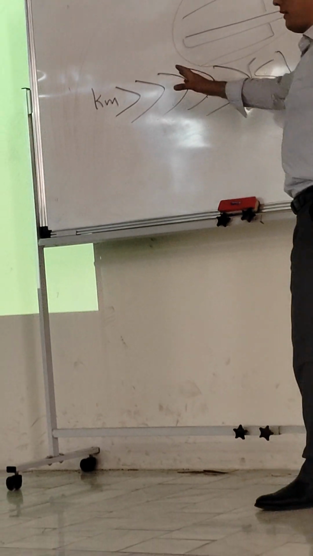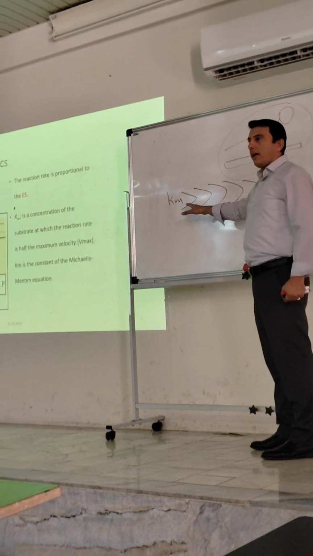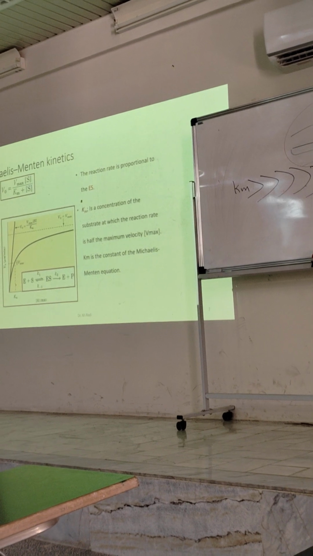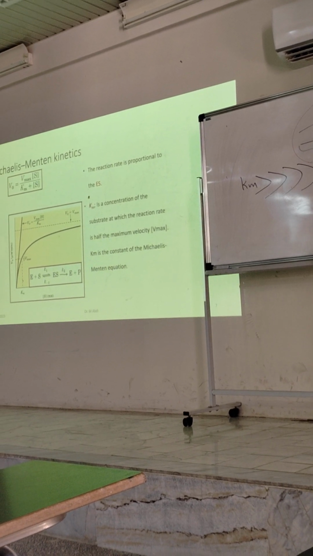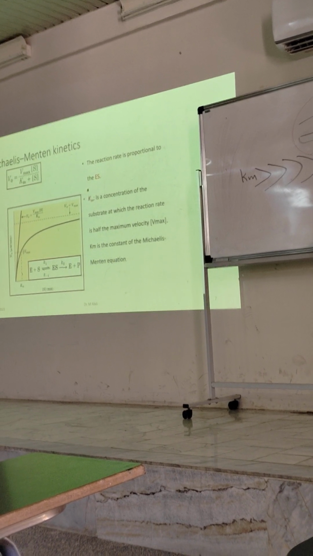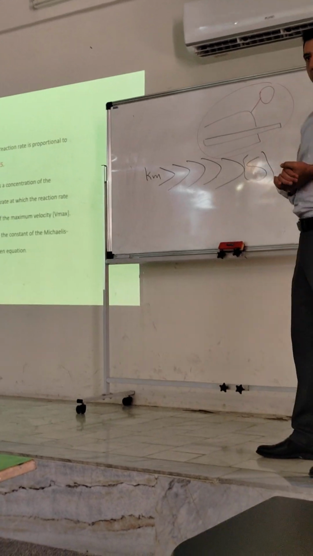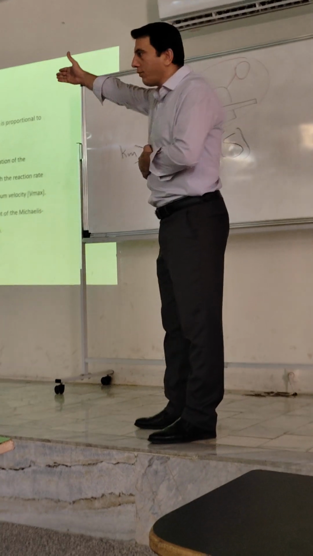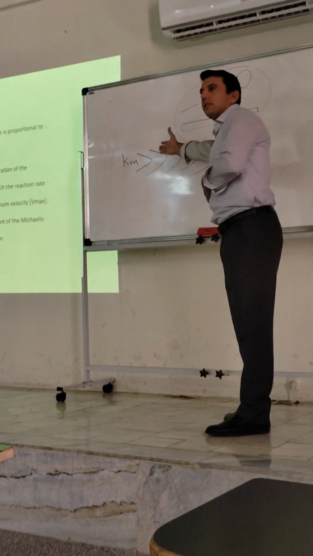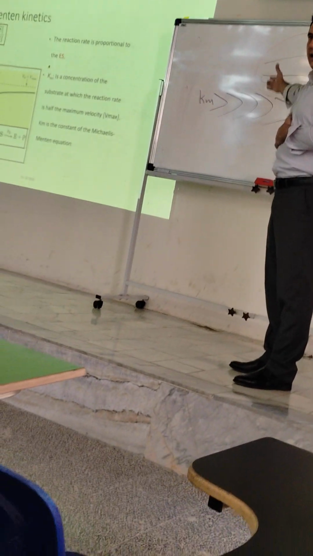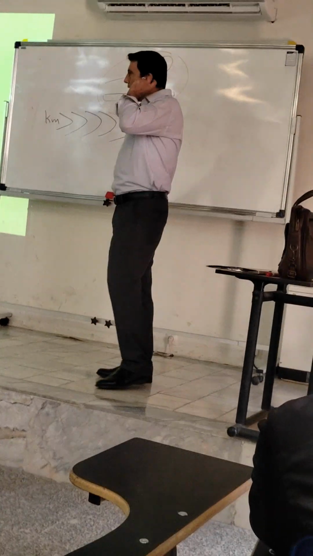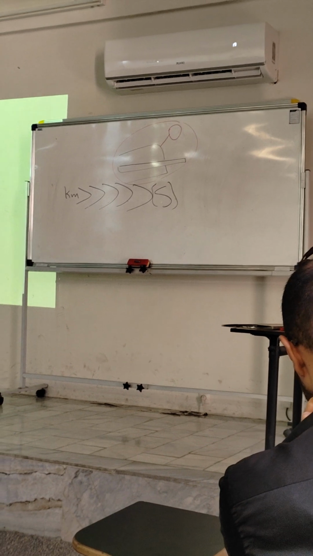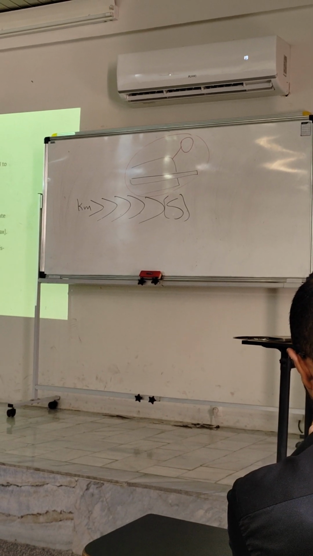If Km is much higher than S, what happens to the formula? Please write it and solve the formula. You have the formula, and you have such a condition. The condition is Km is much higher than S.